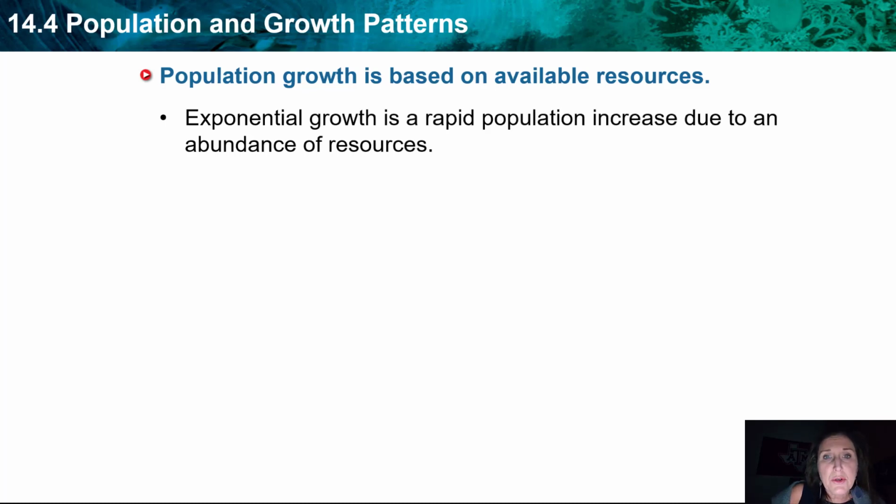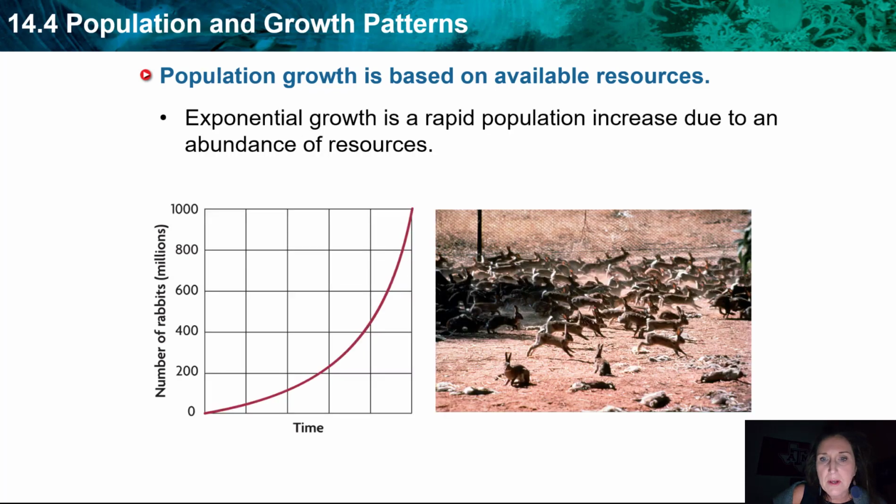So exponential growth is a rapid population increase. Exponential growth is a rapid population increase due to an abundance of resources. So these are rabbits. Rabbits are like type 3 survivorship curve. Anyway, they have a lot of babies.